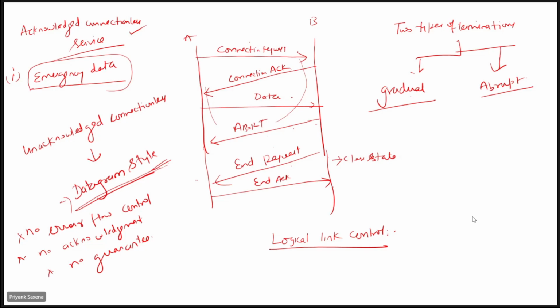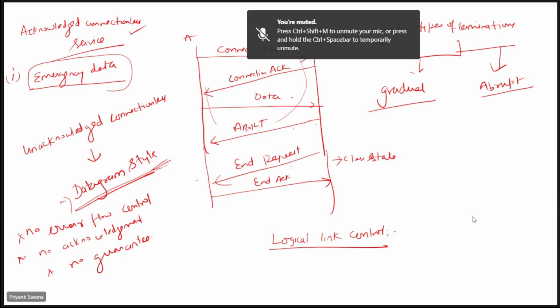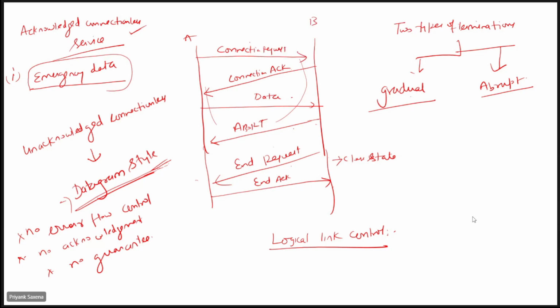So this connectionless approach could be good where, suppose I am taking readings of my room temperature. If I sampled at 10:15, the next sample will be taken at 10:30. So at an interval of 15 minutes, I am sampling my room temperature and sending it to my friend at some remote location.